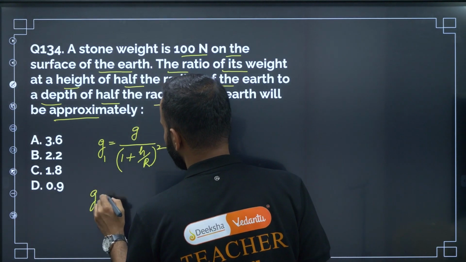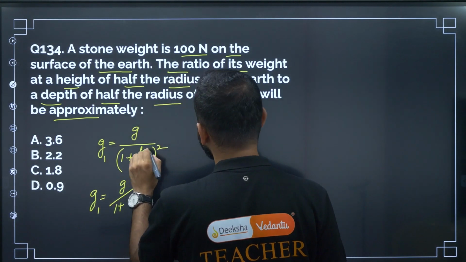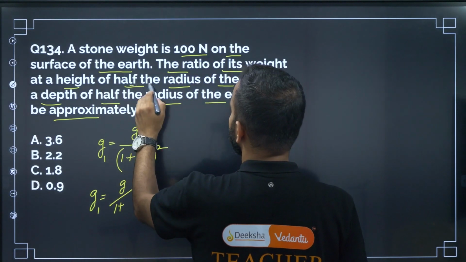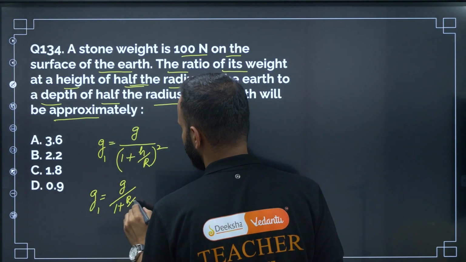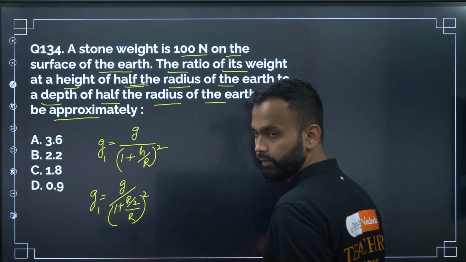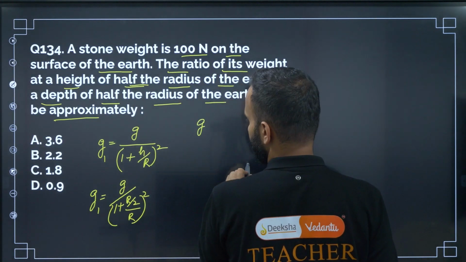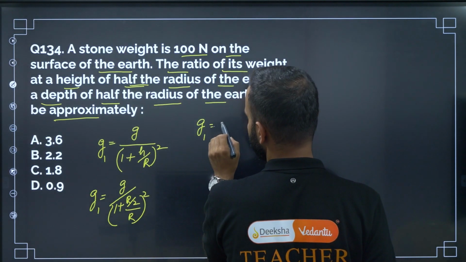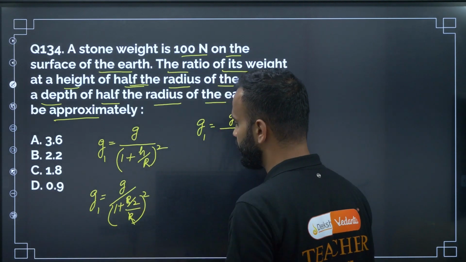So now g1 is equal to g divided by (1 plus h) where h is r by 2, half the radius of the earth, right? R divided by 2 divided by r, squared. Then here g1 is equal to g divided by, here r will get cancelled.